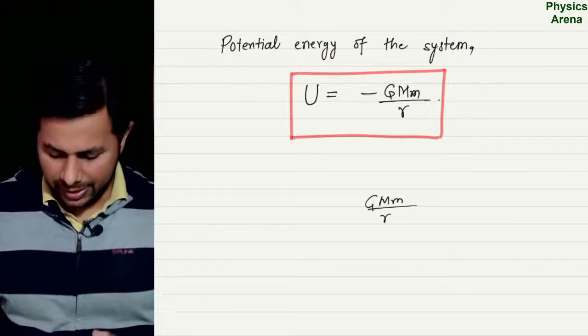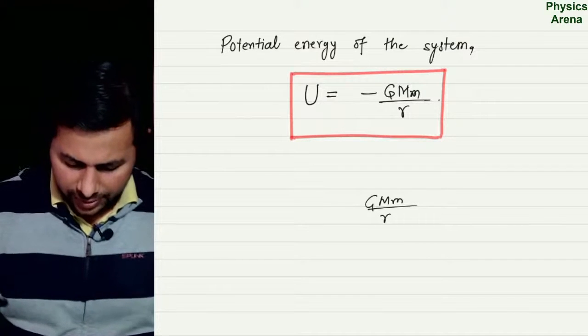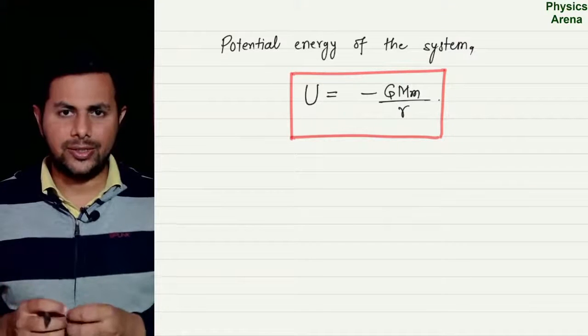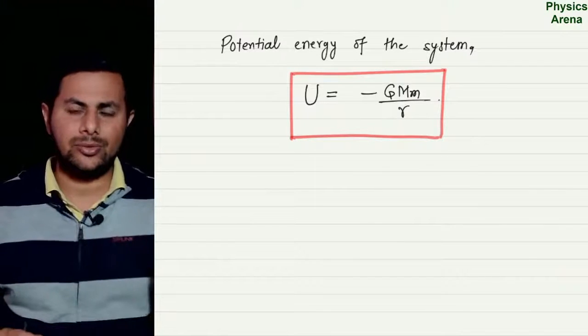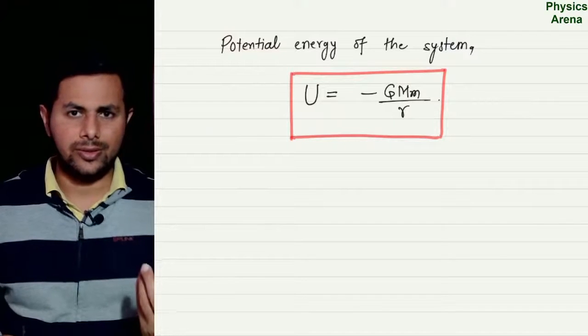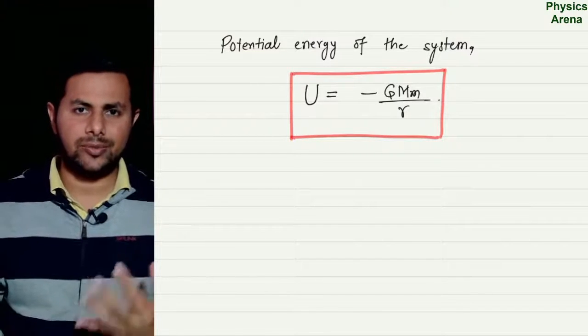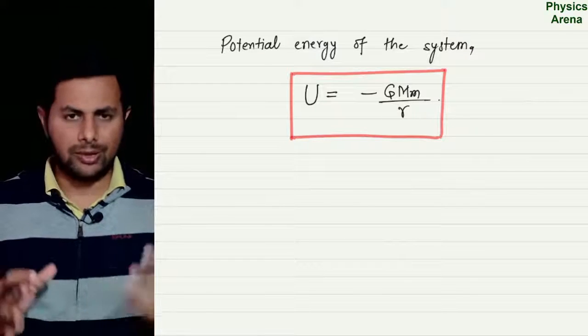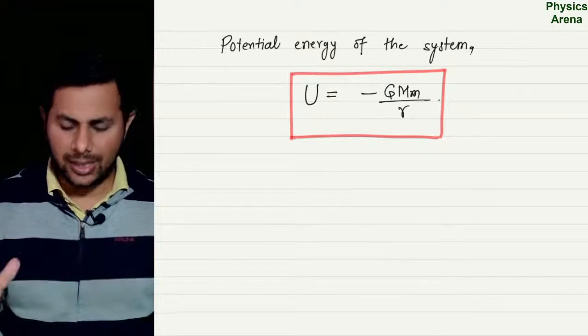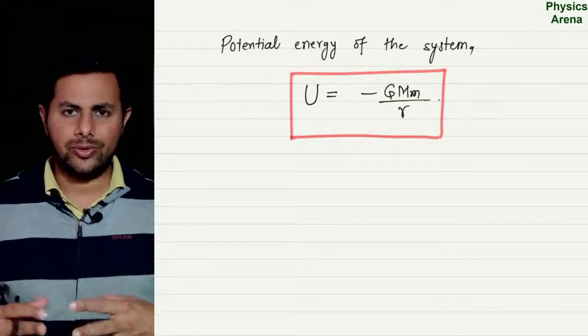So how do we define gravitational potential energy? We define it as the work done to bring an object from infinity to some distance. So we consider potential energy at infinity to be 0, and then we get a simple formula for the gravitational potential energy at distance r as minus GMm over r.